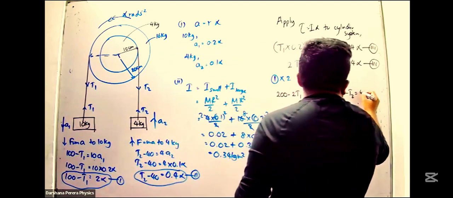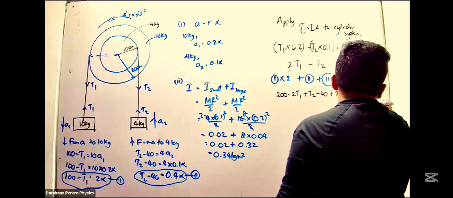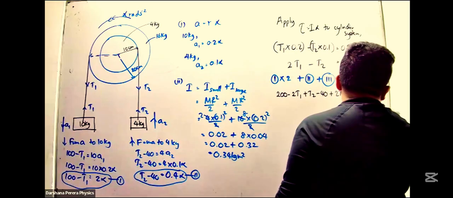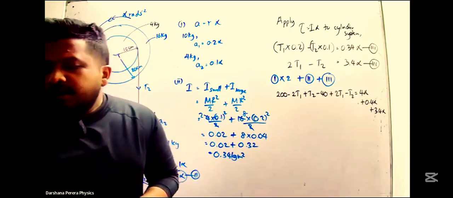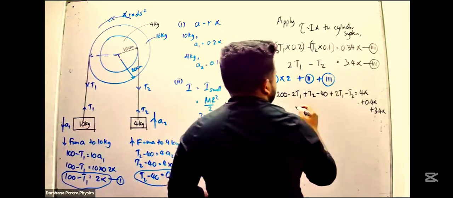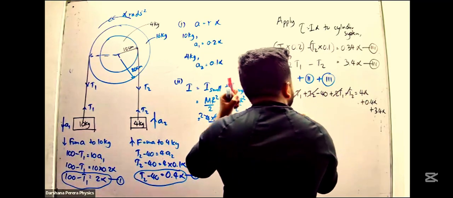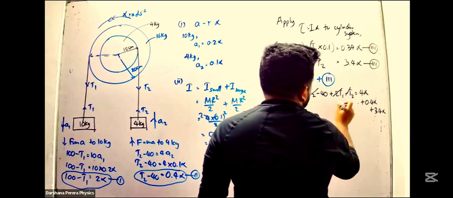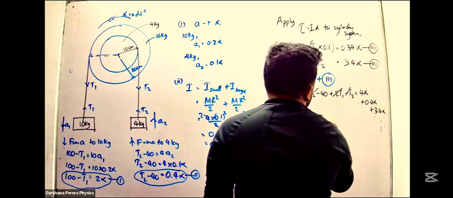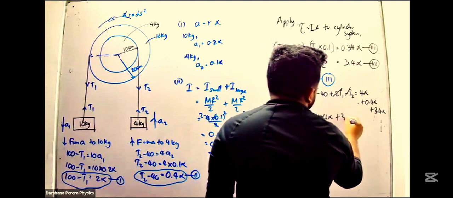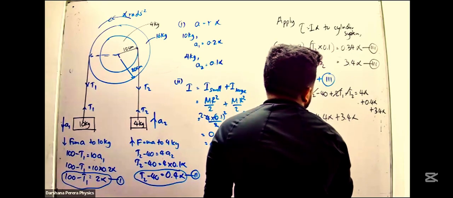2 alpha plus 0.4 alpha plus 3.4 alpha. Correct. Therefore 200 minus 40 is 160. 2 alpha plus 0.4 alpha is 4.4 alpha, plus 3.4 alpha, that means 7.8 alpha.